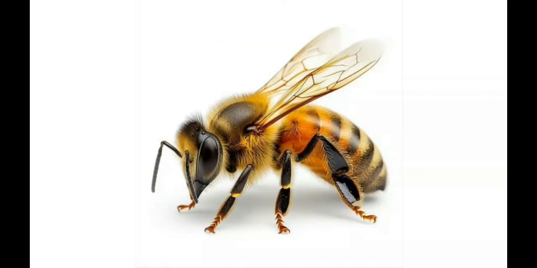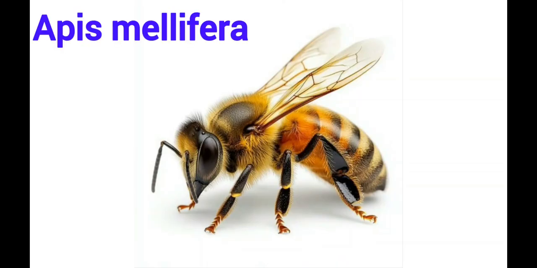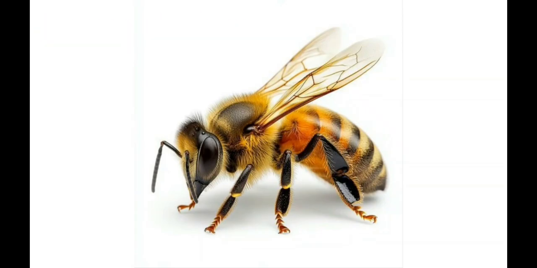Specimen K is the honeybee. The scientific name is Apis mellifera. Specimen K has all the characteristics and observable features of the other insects we have mentioned so far, like the butterfly, the grasshopper, and the housefly.